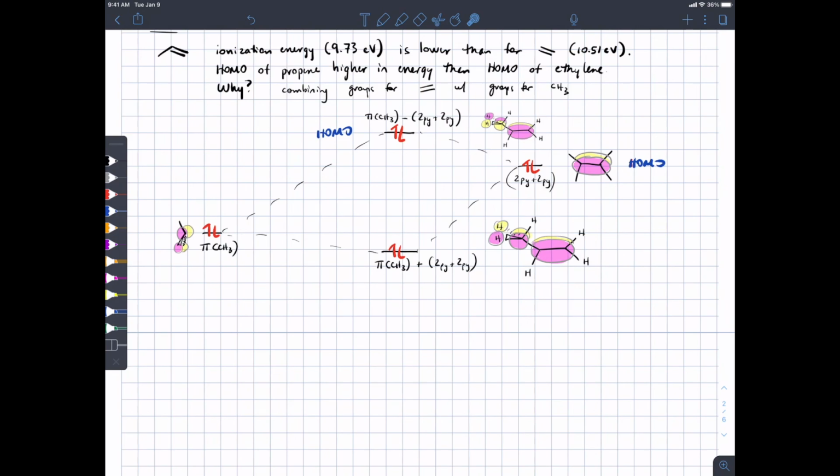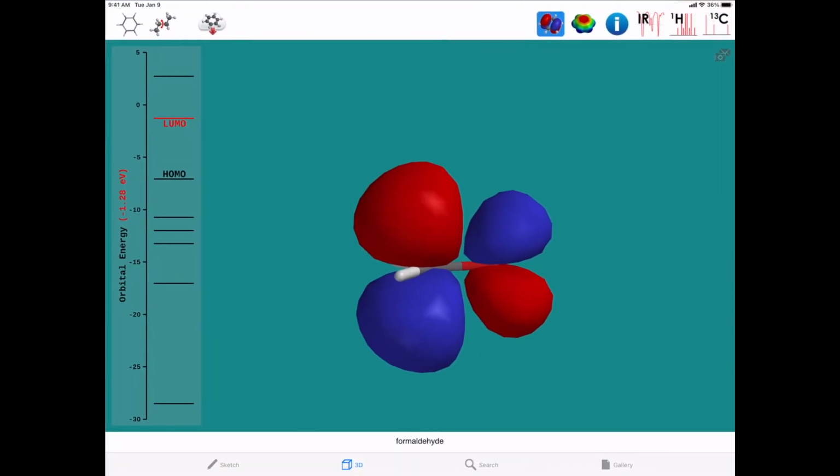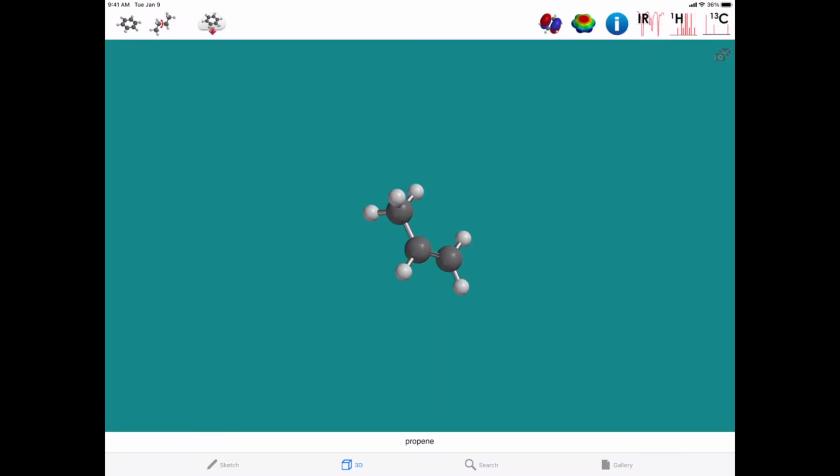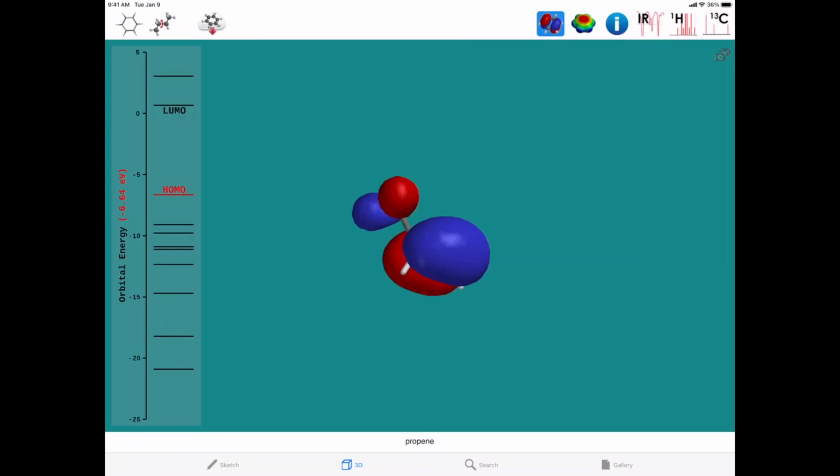Just to give you a sense for how that works out, I'm going to go back to Spartan. We're going to put a carbon here and another carbon there. We're going to download the orbitals for propene.